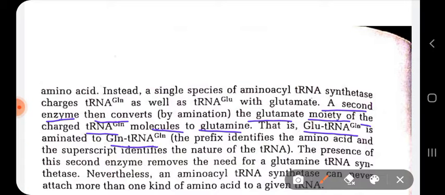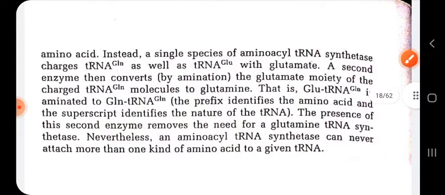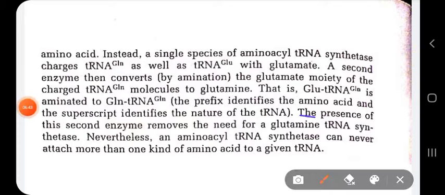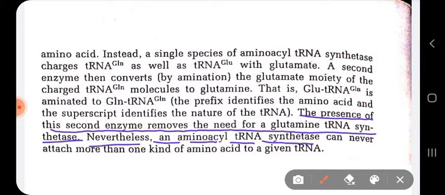So the presence of the second enzyme is actually removing the need for glutamine tRNA synthetase. Nevertheless, an amino acyl tRNA synthetase can never attach more than one kind of amino acid to a given tRNA. This has to be remembered: one amino acyl tRNA synthetase will attach a specific amino acid to that tRNA molecule to make it charged.